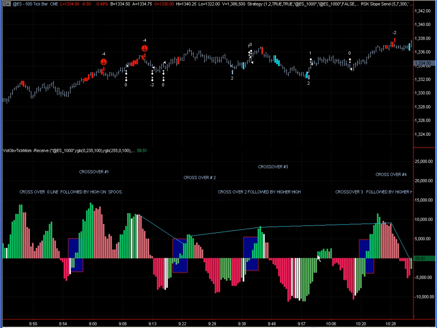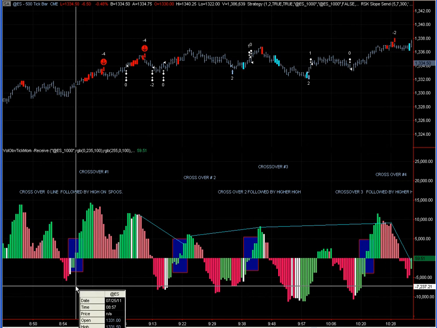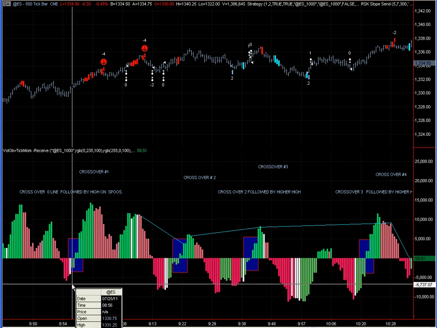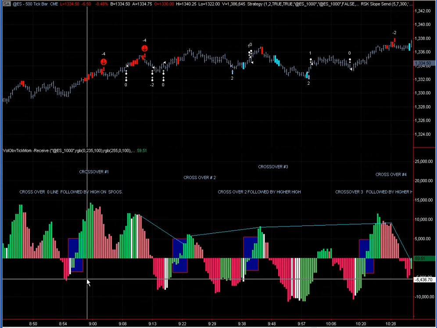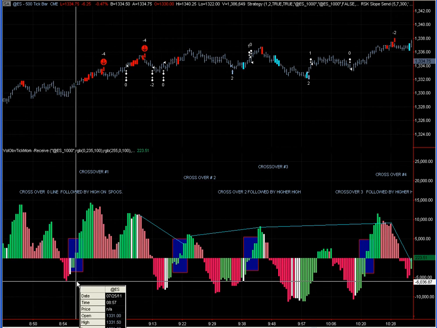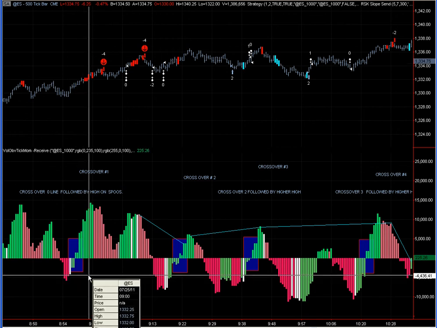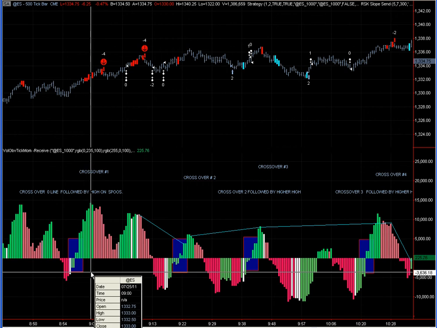So, here's what we're looking at. We're going to call this, for lack of a better word, a cycle. So if the volume cycles above the zero line, as it does, we're going to record the high of the spoos as the volume moves up.